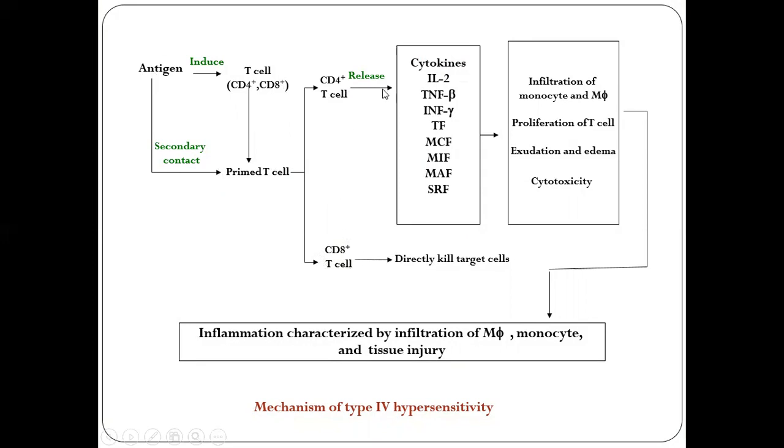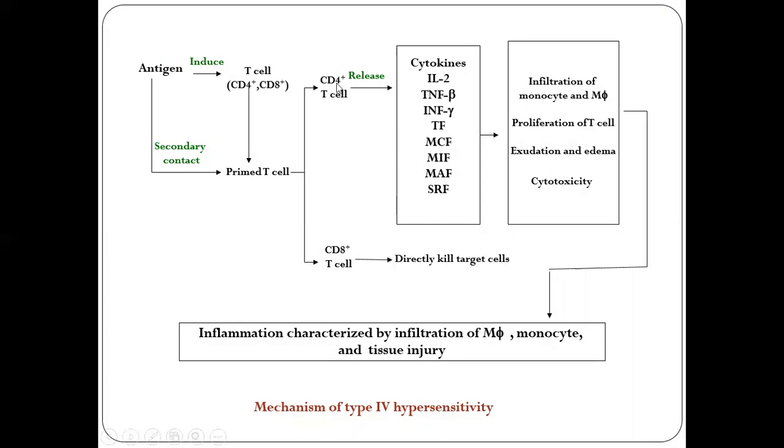The T helper cells release the cytokines, interleukins, tumor necrosis factor, interferons, etc. All these factors. And the CD8 cells directly kill the target cells, because CD8 marker T cytotoxic cells release the cytokines, and these cytokines will cause the destruction of the target cells.